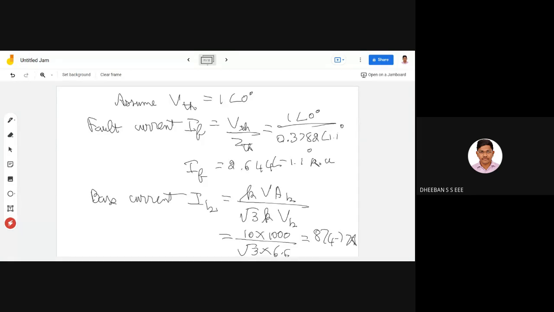So you'll be getting KVAB divided by root 3 into KVB.